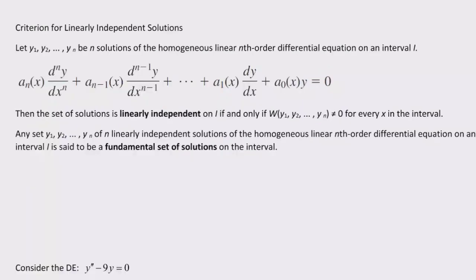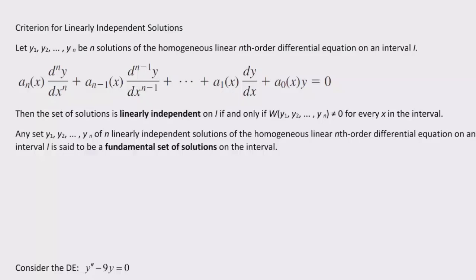Okay, so what does that have to do with what we just talked about? We talked about linear dependence. In order for something to be linearly independent, it has to jump through a couple of property hoops. So let y1, y2, up to yn be n solutions to a homogeneous linear differential equation.